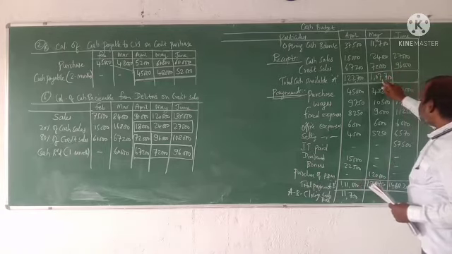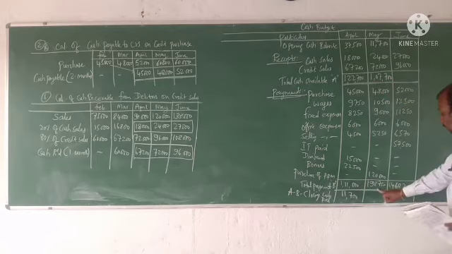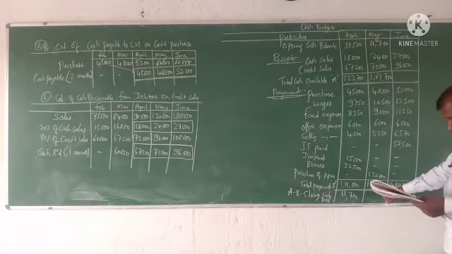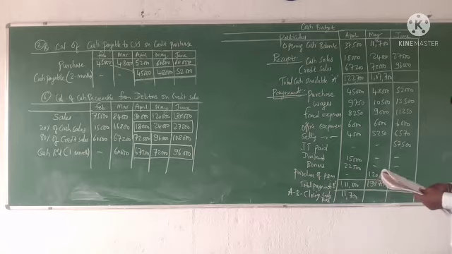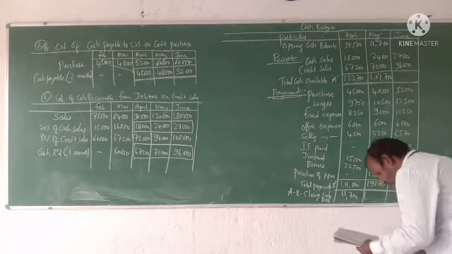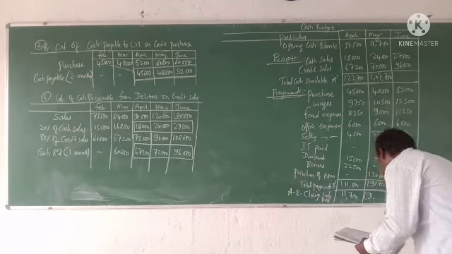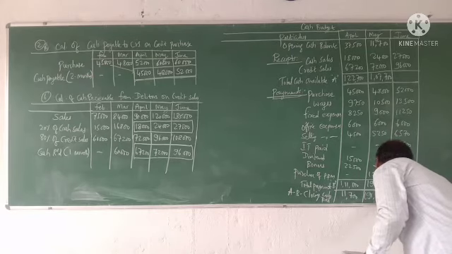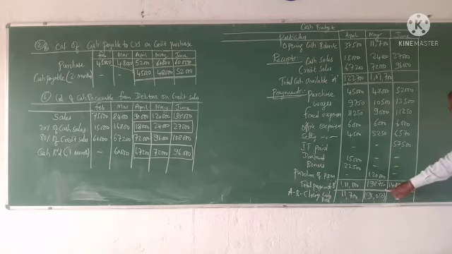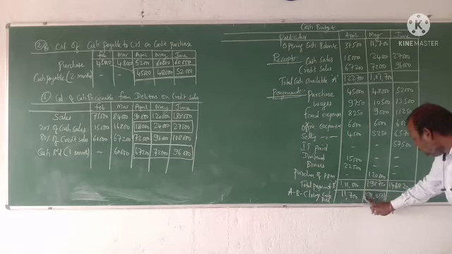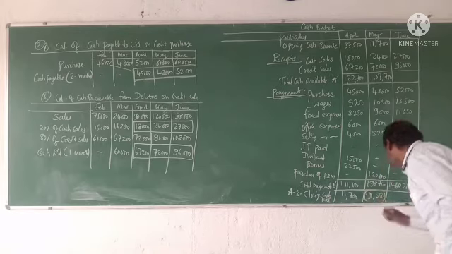So again 1,07,700 minus 1,98,750. You will get a minus value, that is 91,050. Because payments are more, you will get a minus value, written within the bracket.